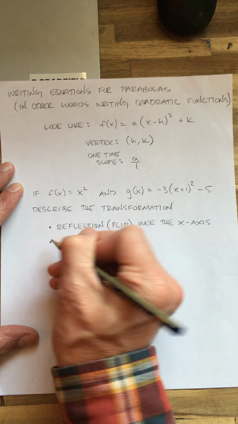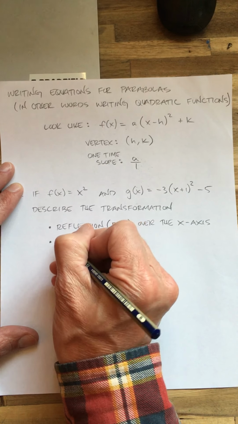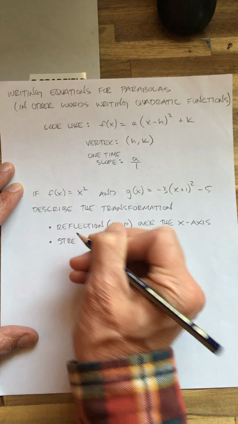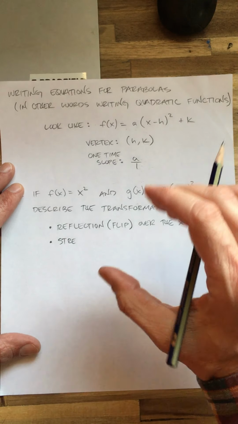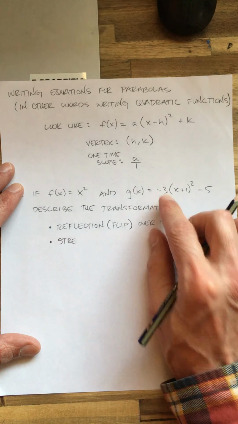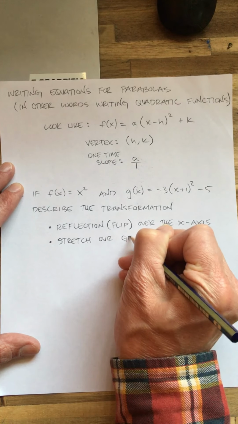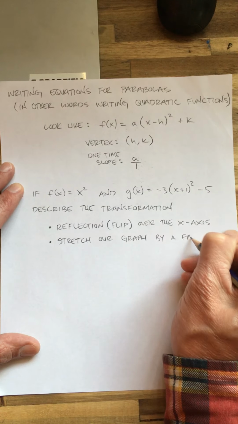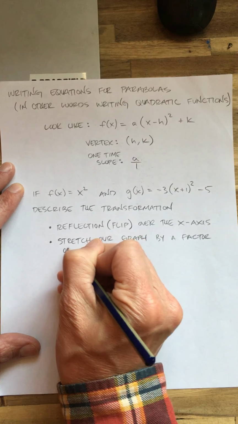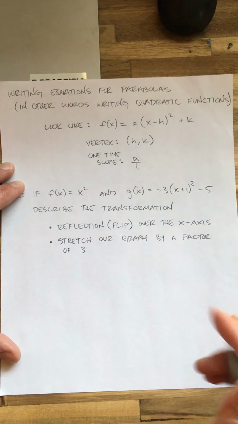The second thing is this 3 is going to stretch our graph. Remember that from absolute value? If it was a fraction, like 2/3, that would shrink our graph. But since it's a 3, it's going to stretch our graph by a factor of 3. And then we have the shift.